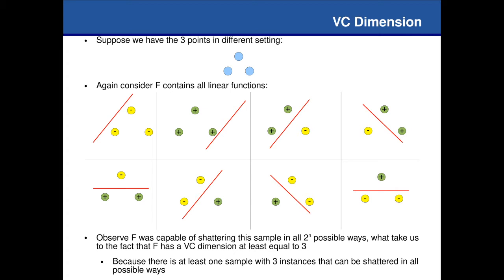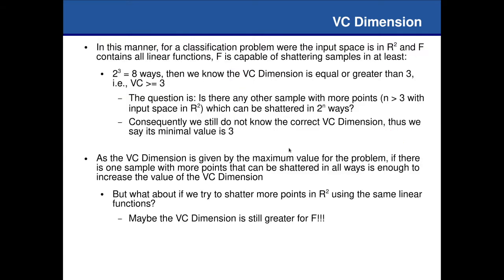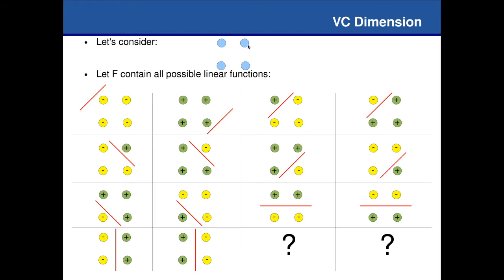But what happens if I come up with an additional element in my space, one additional point? If I try to shatter or classify in every possible way using a single hyperplane, instead of having 2 to the power of 4, which would be 16, I have 14 possibilities. Why 14 possibilities? Because it's just impossible to come up with these other two classifications having a single hyperplane.